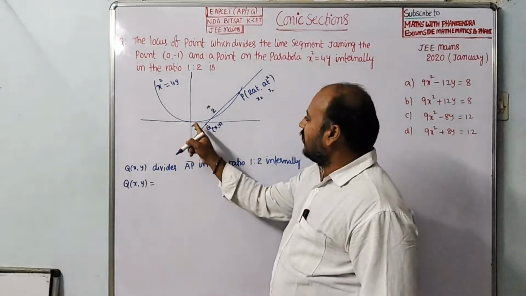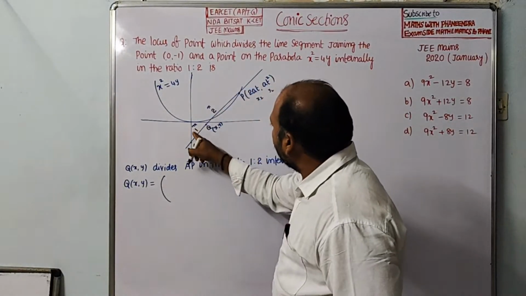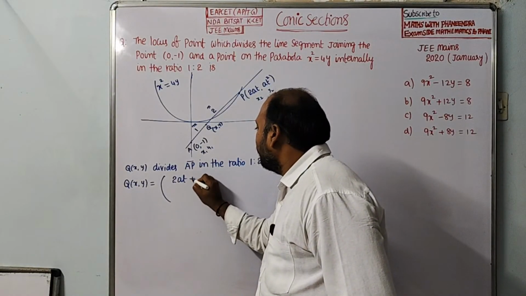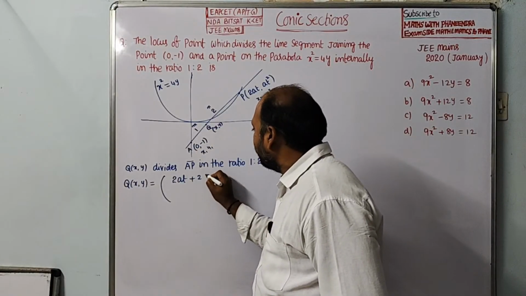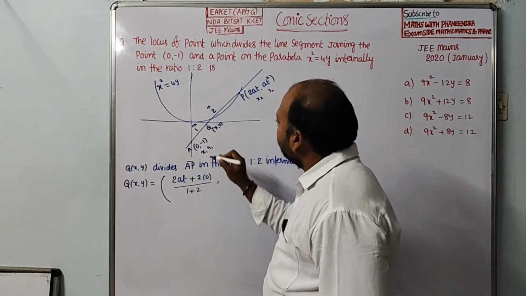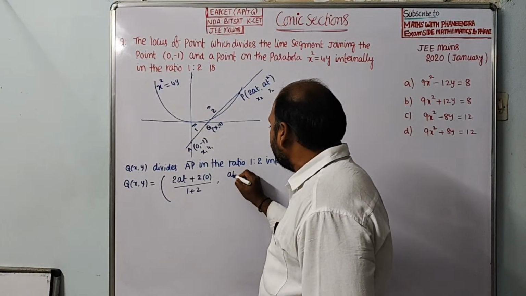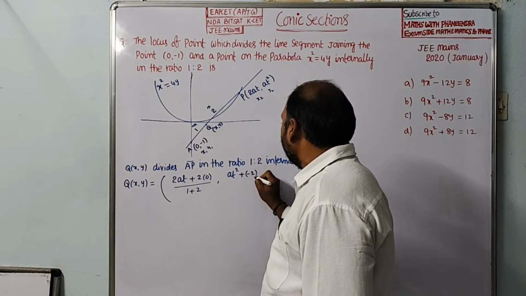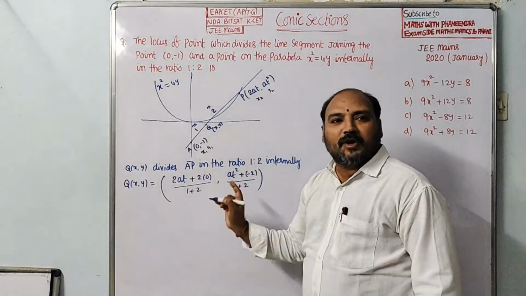You know the formula, (m x2 plus n x1) by (m plus n). So 1 into 2at plus 2 into 0, by 1 plus 2, and 1 into at square plus 2 into minus 1, that is at square minus 2, divided by 1 plus 2. Okay, I hope you understand.